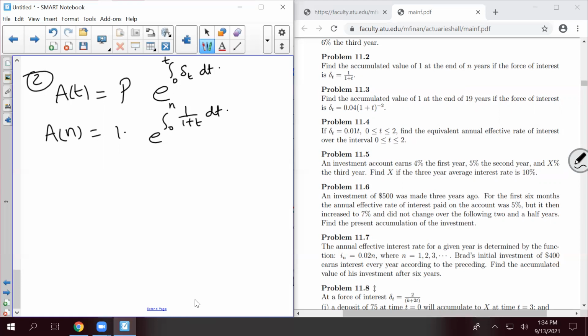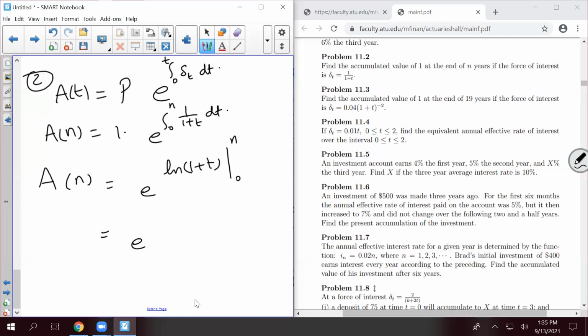So what's the integral of 1 over 1 plus t? ln of 1 plus t. Remember, the integral of 1 over x is ln x, and with substitution, the integral of 1 over k plus x is ln of k plus x.